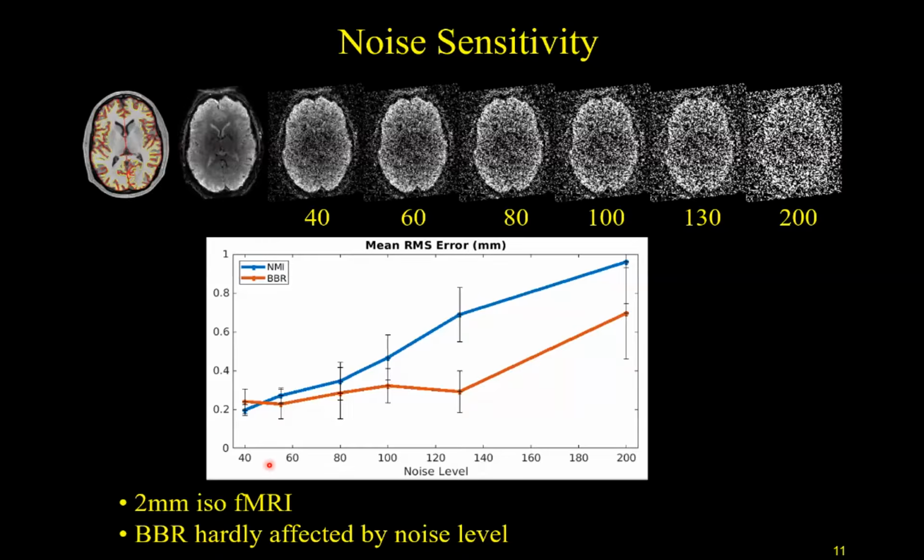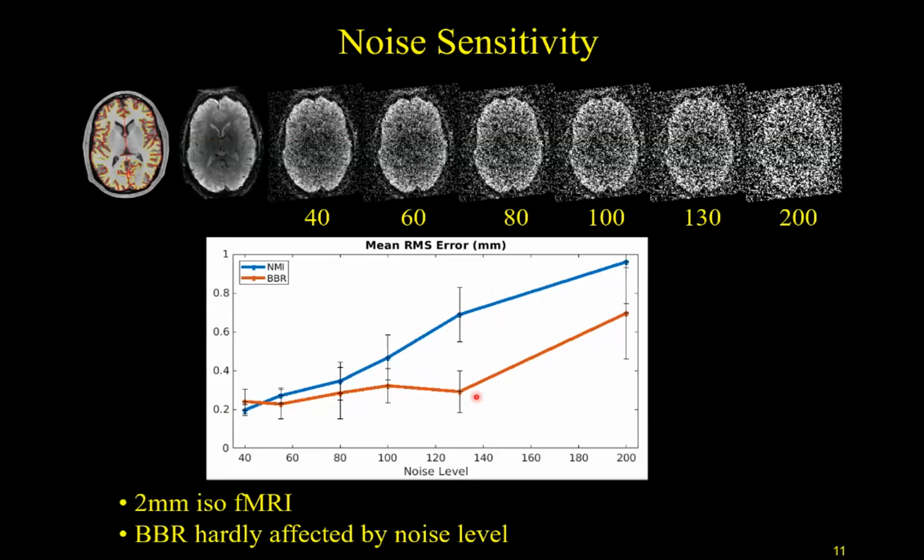And so in this case, I tested normalized mutual information against BBR. Horizontal axis is this noise level. And then the vertical axis is the deviation away from where I know the optimum to be. So with normalized mutual information, as I increase the amount of noise, I get a steady deviation from the optimum.